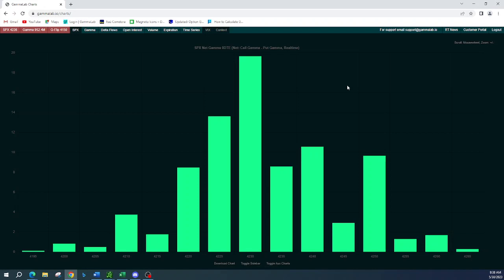Let me put it back on the screen. Look how different it is right now. Before, we didn't have any gamma call wall in the region above 4,220 up to 4,130. So today the 0DTE shows a huge gamma exposure, a call wall at 4,230.